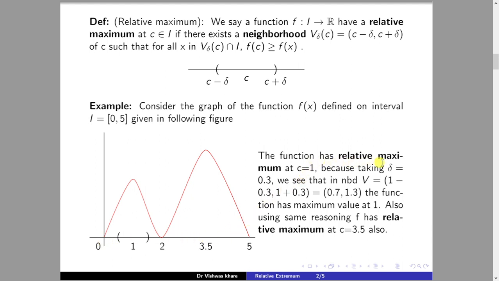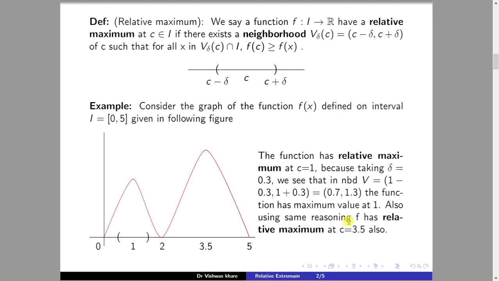The function has a relative maximum at c equal to 1, because taking delta equal to 0.3, in the neighborhood V, the open interval 1 minus 0.3 to 1 plus 0.3, which is 0.7 to 1.3, the function has its maximum value at 1. So in this neighborhood, we can see that at x equal to 1, f has the maximum value. That's why we say the function has a relative maximum at c equal to 1.